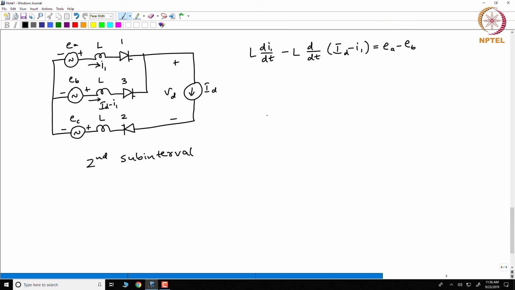The standard form is the first order derivative on the left hand side, the rest of the terms on the right hand side. So I should have only di1 by dt on the left hand side. What is there on the right hand side? EA minus EB divided by 2L.